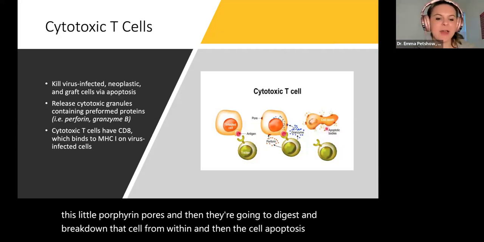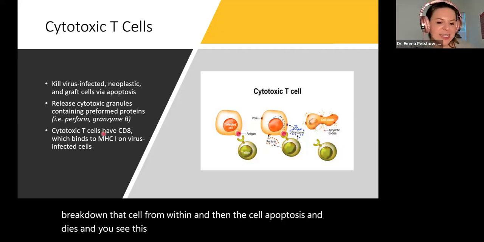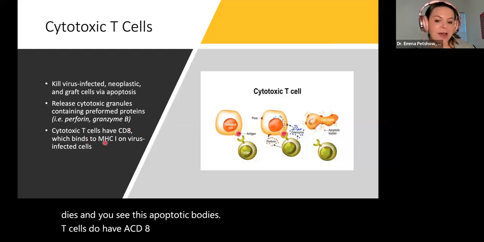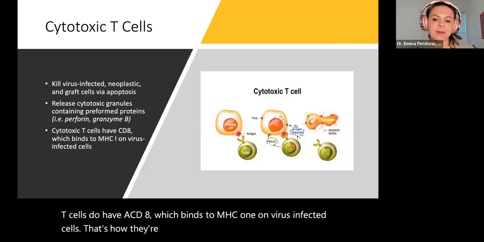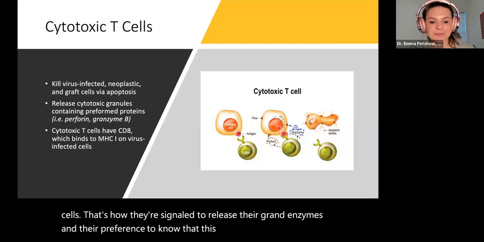And you see these apoptotic bodies. The cytotoxic T cells have a CD8, which binds to MHC1 on virus-infected cells. That's how they're signaled to release their granzymes and perforins, to know that this is the cell that's targeted for them to kill.